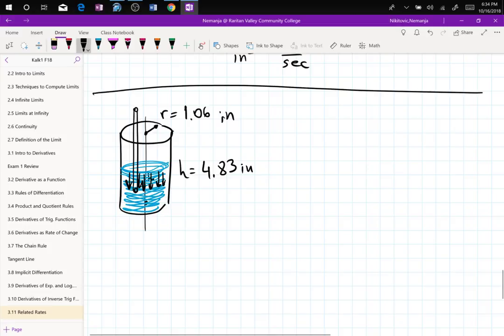So clearly I need to calculate the change in volume with respect to change in height. So what do I have? I need the volume of the cylinder. What's the volume of the cylinder? 3r squared times half h. Perfect.